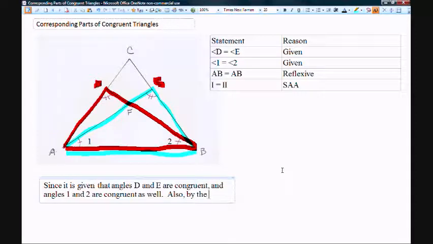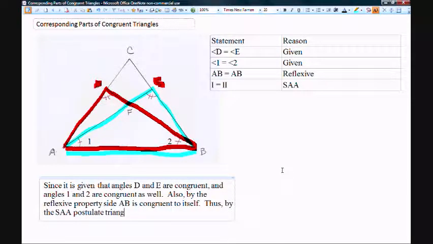Also, by the reflexive property, side AB is congruent to itself. Thus, by the angle angle side postulate, triangles 1 and 2 are congruent. And this is how you write geometric proofs.